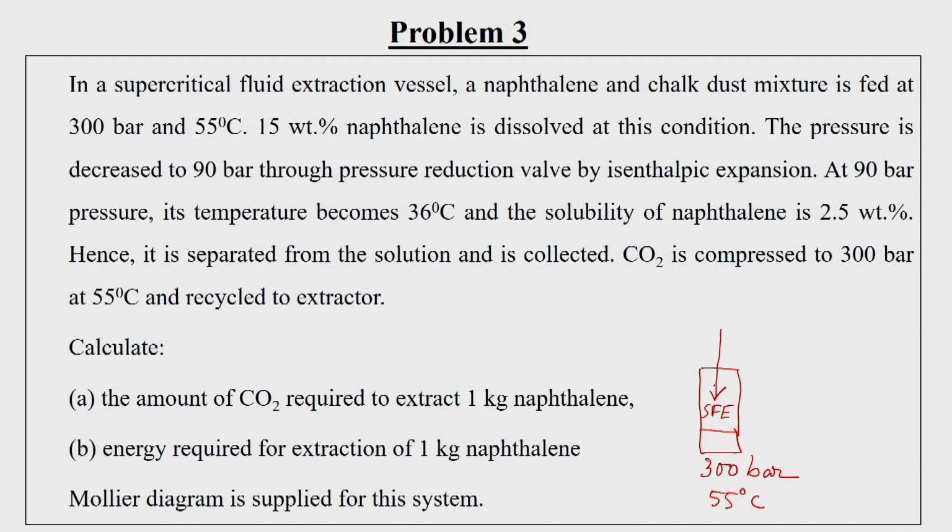Suppose this is naphthalene plus chalk. Once this extraction process is over, the pressure, say 300 bar, is released with the help of this pressure releasing valve.